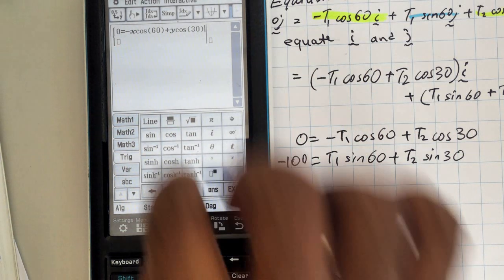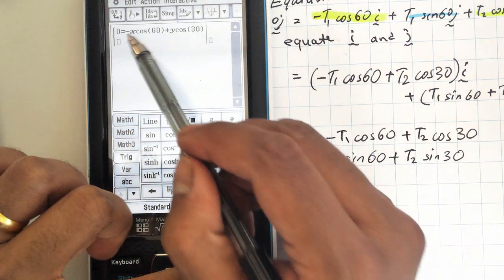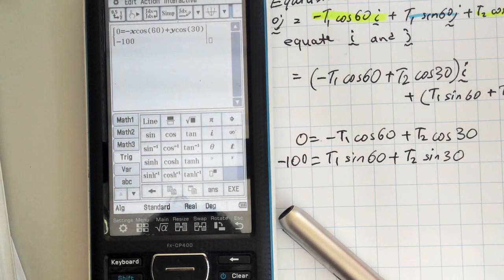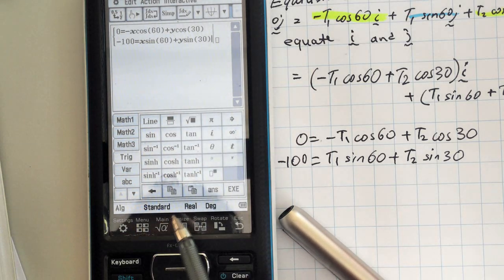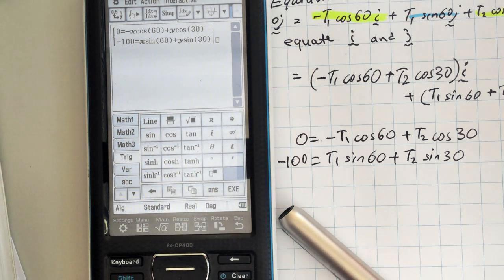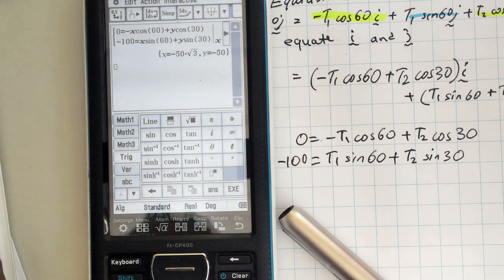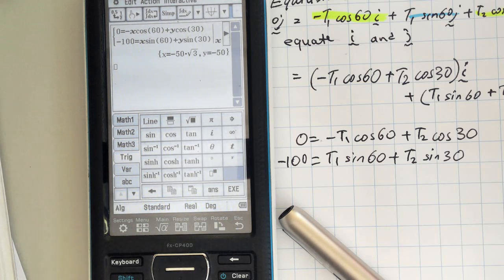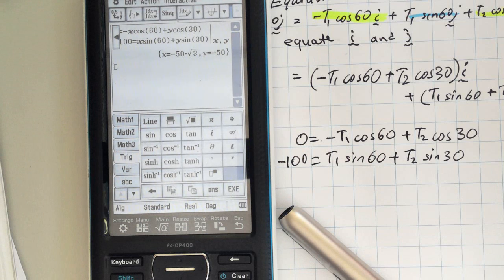Go to the next one there. We got negative 100 equals X sine 60 plus Y sine 30. Now make sure that your angles are in degrees. X comma Y. So going back over here, you type in X comma Y and it solves an exact value.